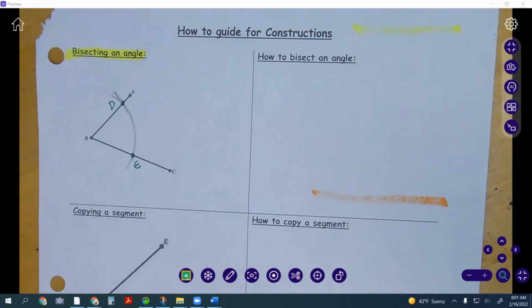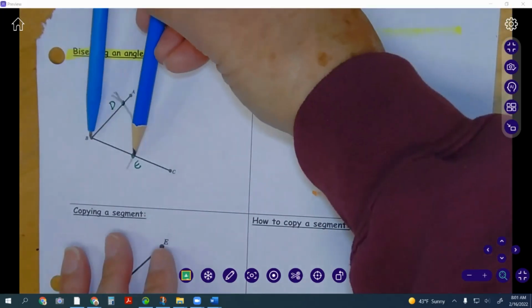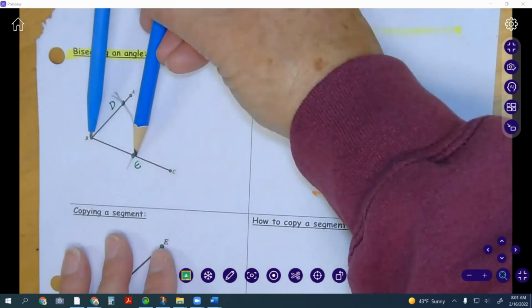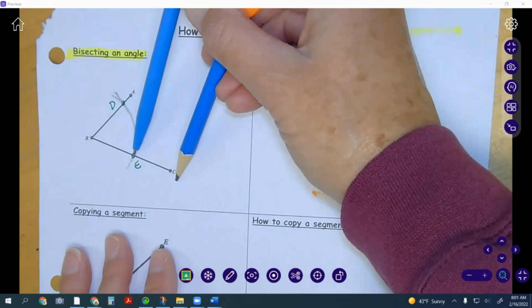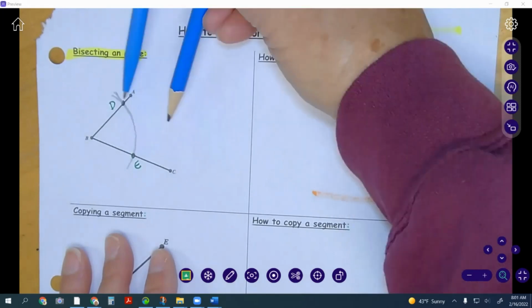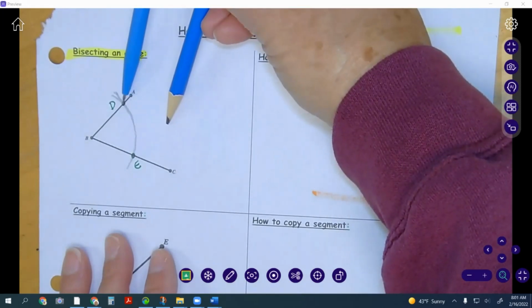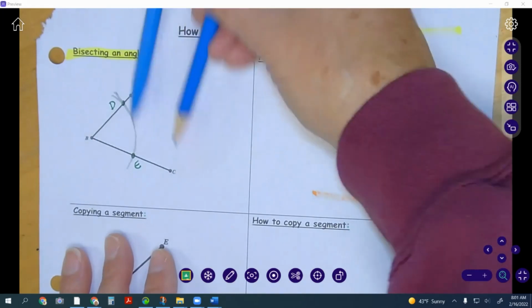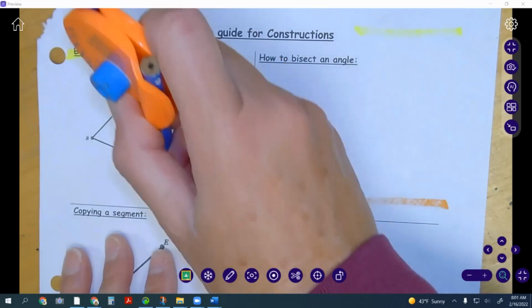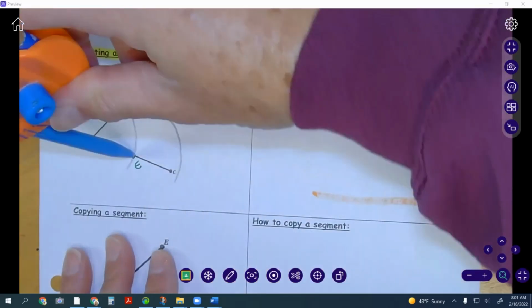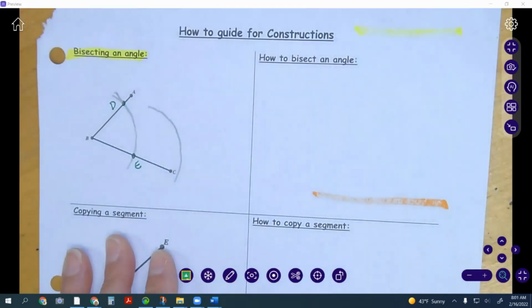The next thing we're going to do is take our compass and keep it the same radius. And at E, we're going to make a circle. And at D, we're going to make a circle. Now, our goal is to cut this in half. So when I make my circle, I want to make it in between the 2 lines.